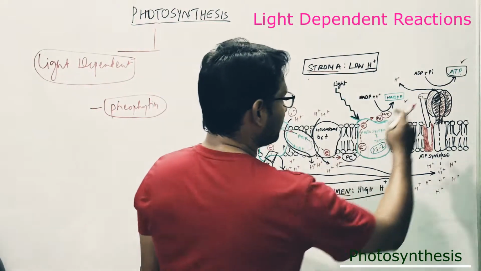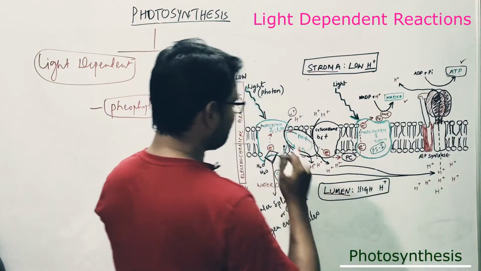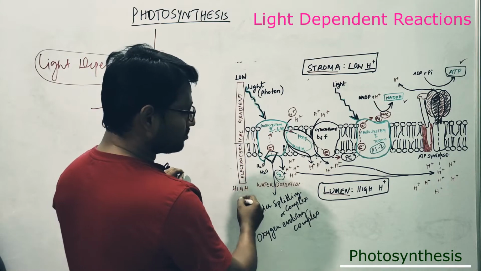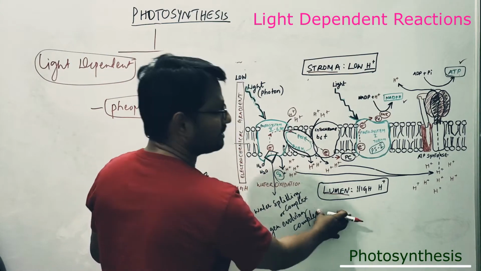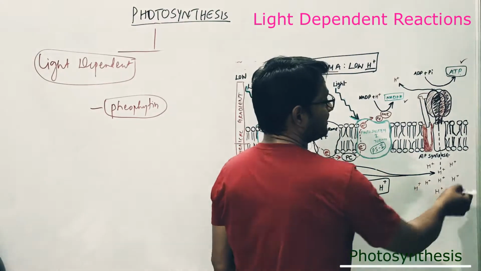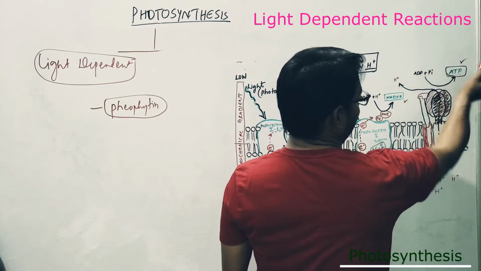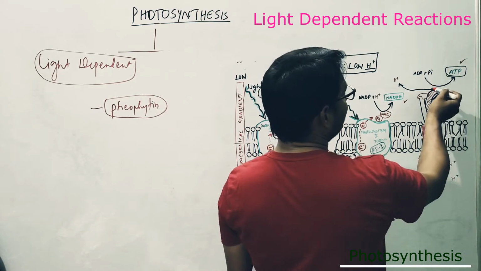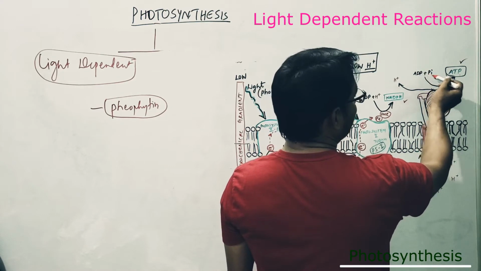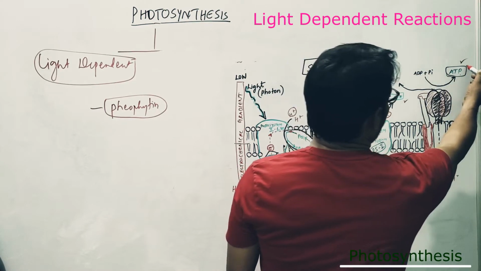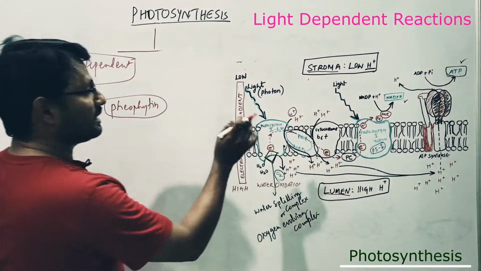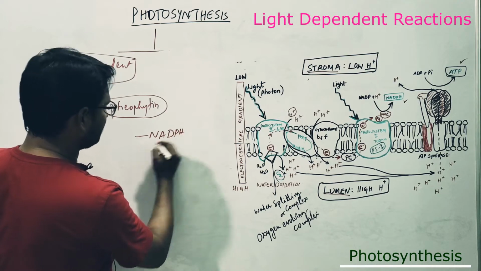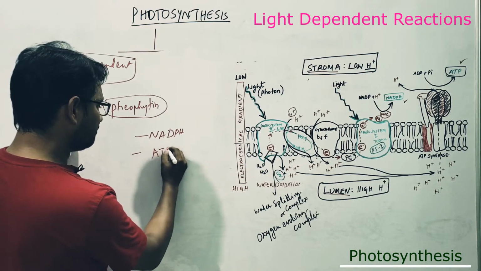Now coming to ATP synthesis. As you know, the electrochemical gradient, the higher concentration of hydrogen ions on the lumen side, results in the synthesis of ATP from ADP. The final outcomes of the light dependent reactions are NADPH and ATP.